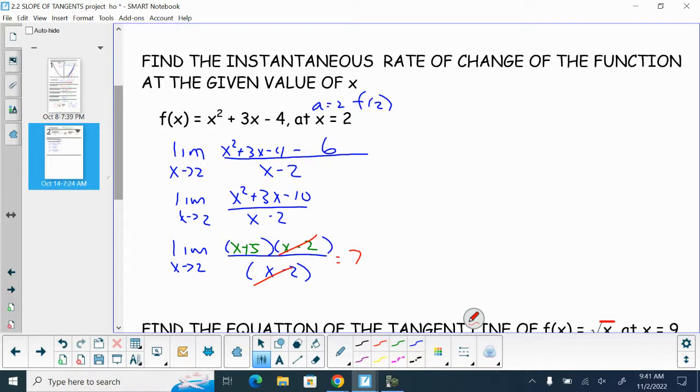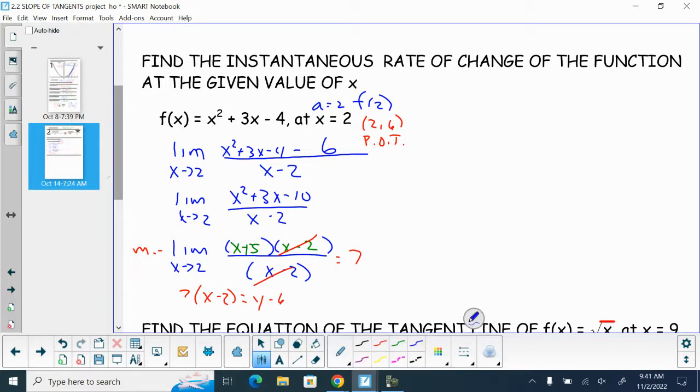So if we want to determine the equation of a tangent line, we now know our slope is a value of 7, and we have a point of tangency up here at (2, 6). So we can determine our equation of our line: y minus 6 equals 7 times (x minus 2). Determine that equation of the line.